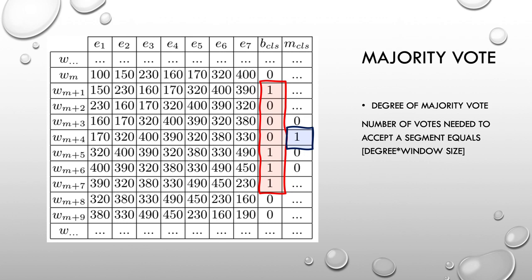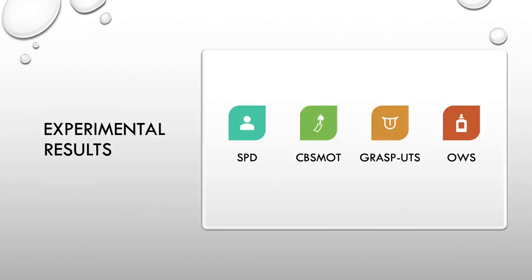When we decide which sliding window includes the actual partitioning position, we select the midpoint of that sliding window as the partitioning position, which is the last point of a segment. The next point is the start of the next segment.